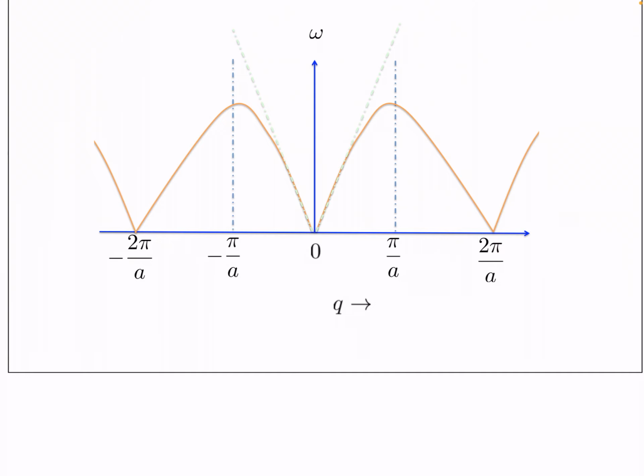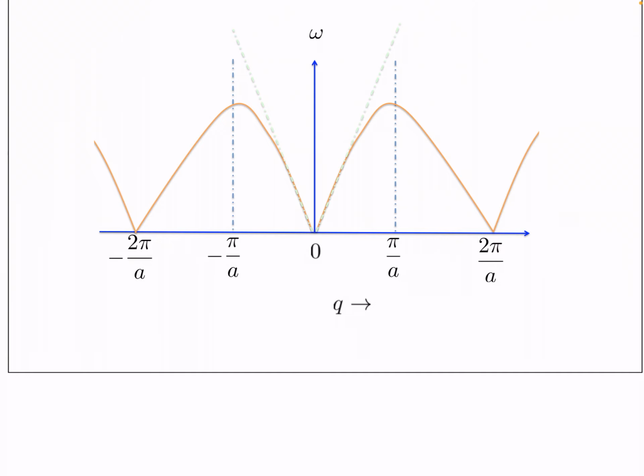So it shows that up to a certain wavelength or certain q value, the omega versus q is linear. So what does it mean? q small means actually large wavelength. So that means phonons of large wavelength will behave as their frequency will be linearly related to the wave vector q.